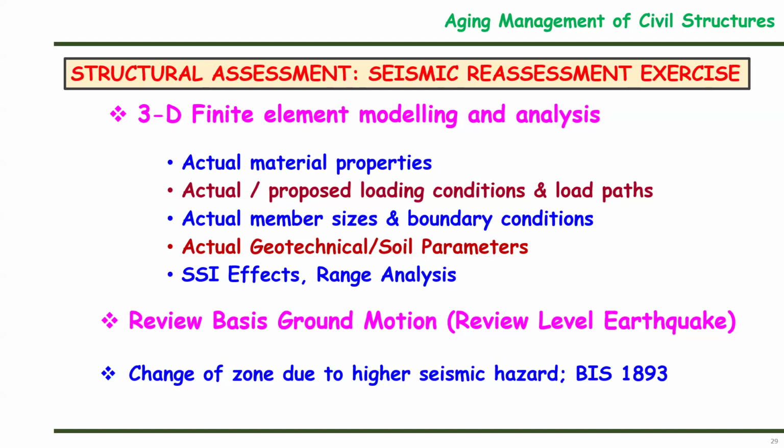And yes, the actual member sizes and boundary conditions we already have from the as-built drawing, and we can take them from there. Then, actual geotechnical or soil parameters. I say actual geotechnical because if you consider older buildings, 50 or 60 years old, the geotechnical investigations at that time were not as strong as the facilities we have today.